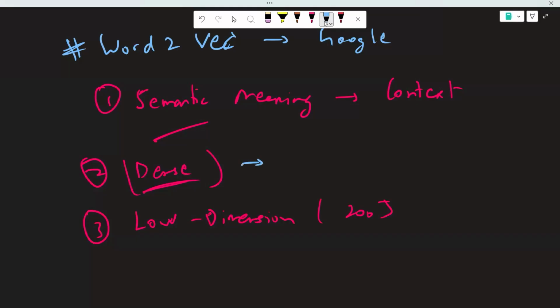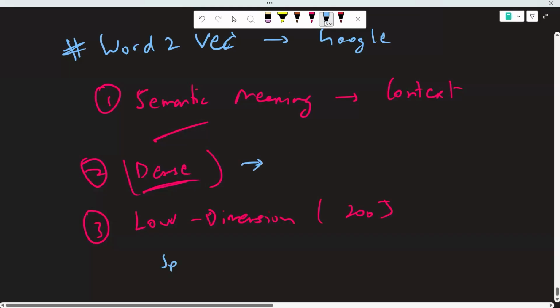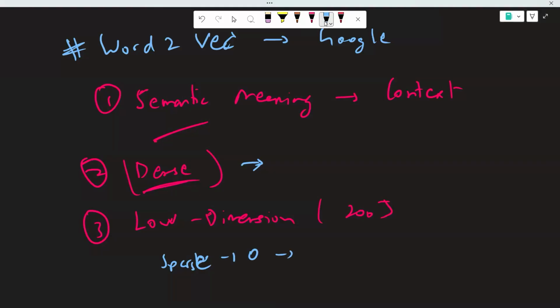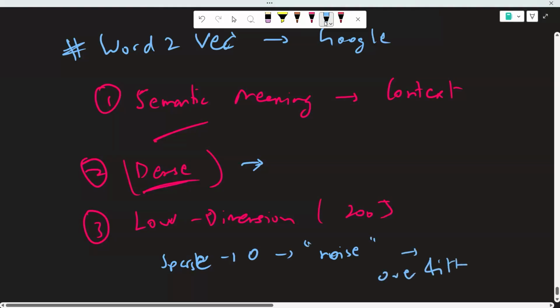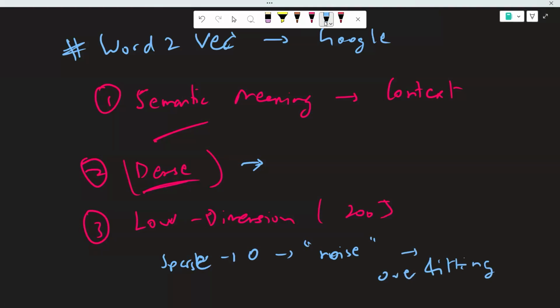The issue with a sparse vector is that it will have a lot of zeros. This can provide a lot of unnecessary information, a lot of noise which is not needed, and because of that you have chances of overfitting on the data. Imagine 90% of the data is all zeros.